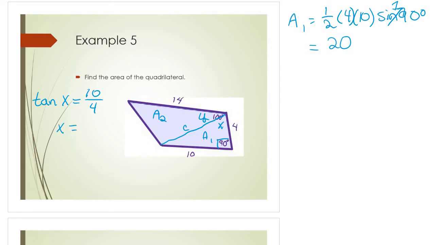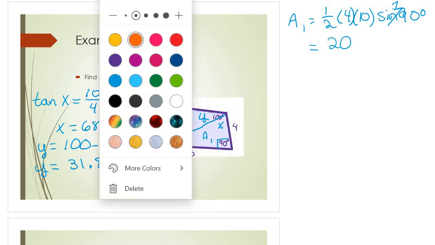So X equals 68.2 degrees. And then to get Y, I just have to do 100 minus that. So that Y equals 31.8. All right, so let me put those numbers in here so we can see what we got.